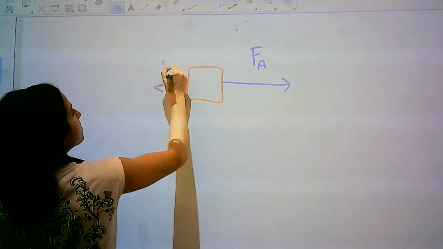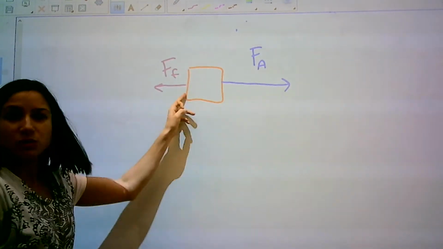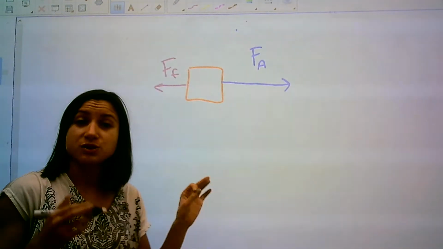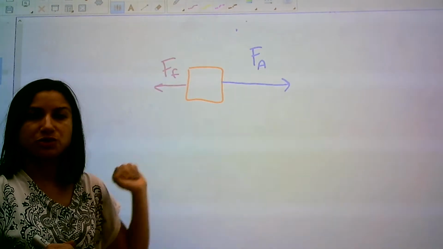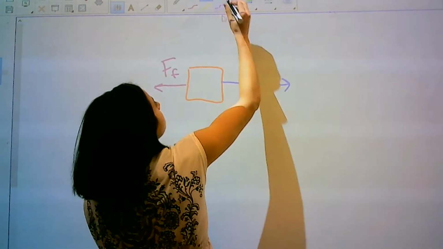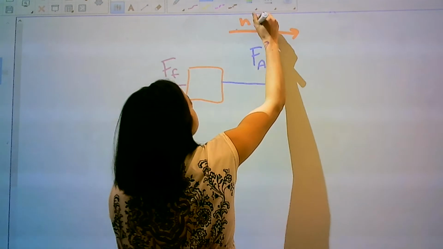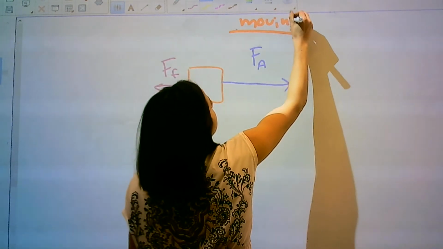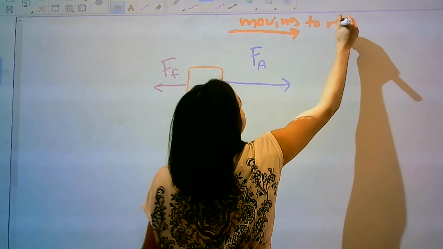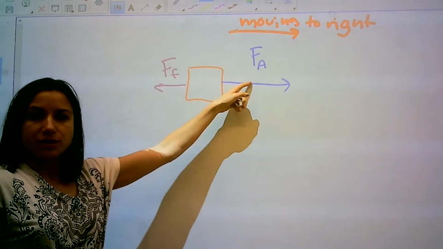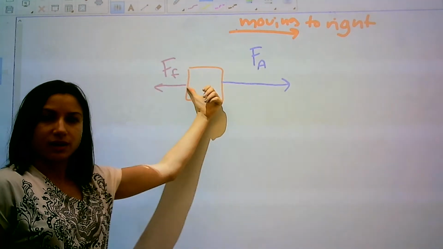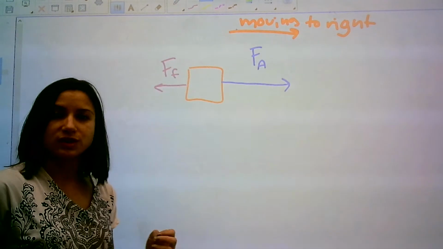I had just a little bit of friction. It was going in the opposite direction because remember, friction opposes the direction of motion. So it's moving to the right. The big applied force is going to the right. The smaller frictional force is moving to the left.